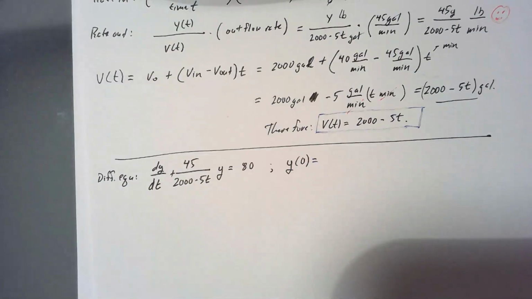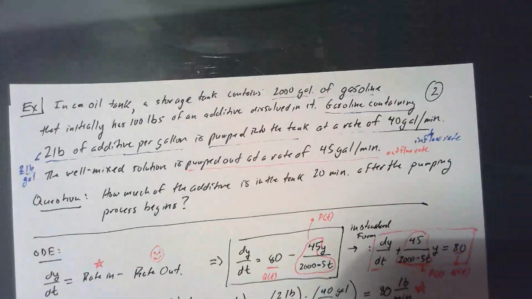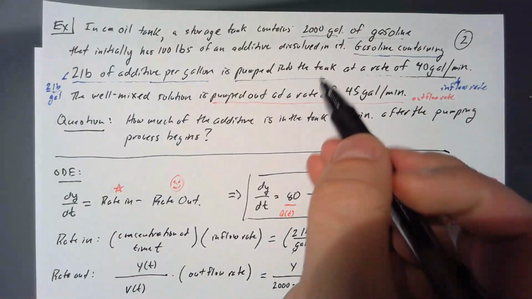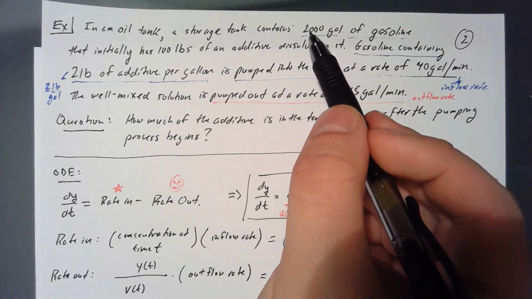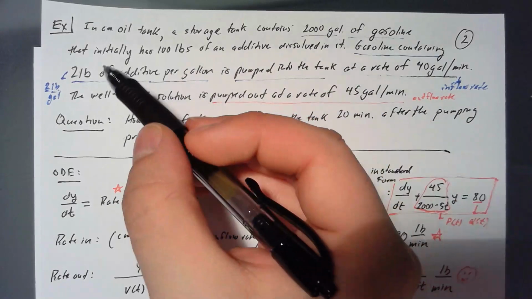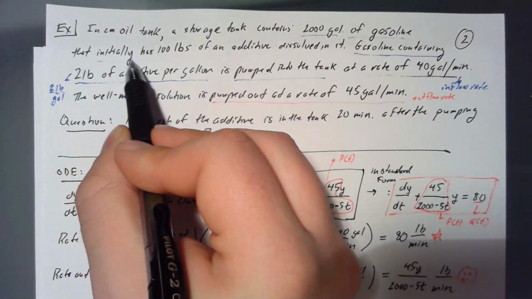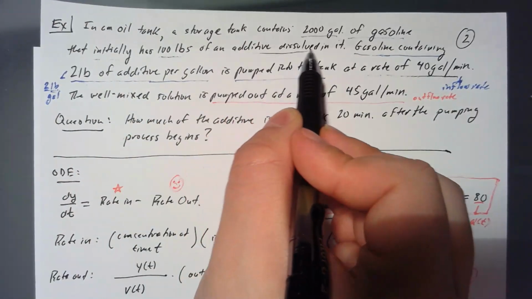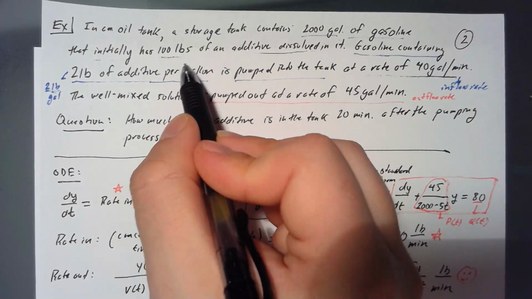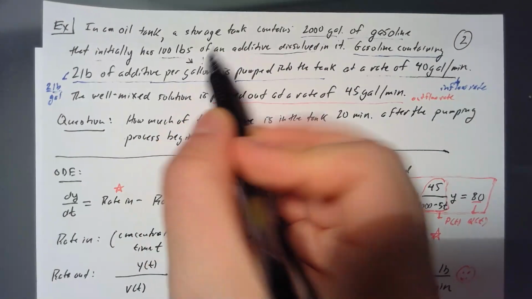The problem will give you that information as well. You just have to figure it out. How much stuff? Oh, there it is. The tank initially contains 2,000 gallons of gasoline that initially has 100 pounds of additive dissolved in it. That right there is y sub 0.